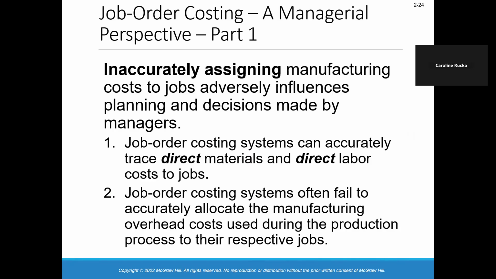Your job order costing is able to accurately trace your direct materials and your direct labor. But human error creeps in when it comes to allocating overhead, because a lot of times people choose a base arbitrarily and it doesn't give them good data.